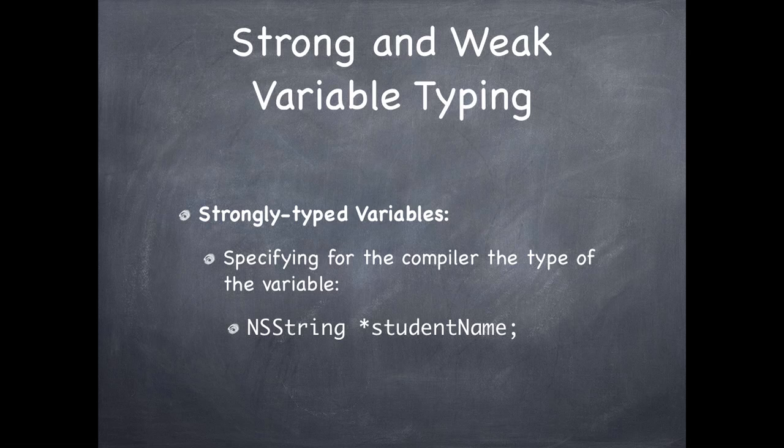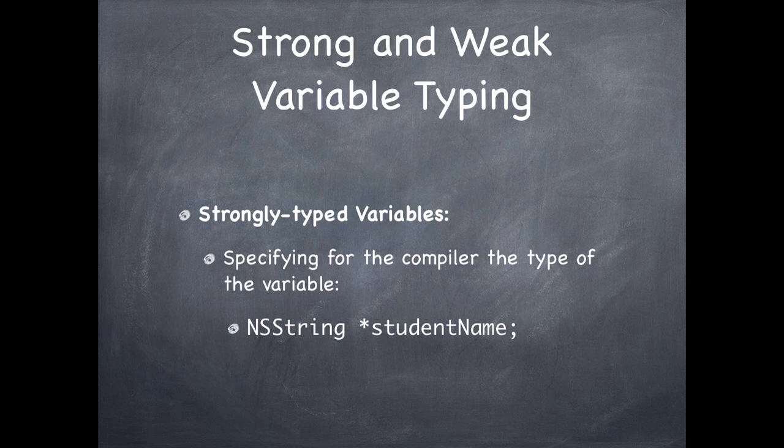You can get by with this without knowing pointers, which come from C. That concept comes from C, the star before studentName comes from C. Again, a pointer. We're working with pointers. So if you're not familiar with pointers in C, or if you don't know C at all, if you're declaring, let's say, a string, like in this case NSString, just don't forget to put the star before the variable name.